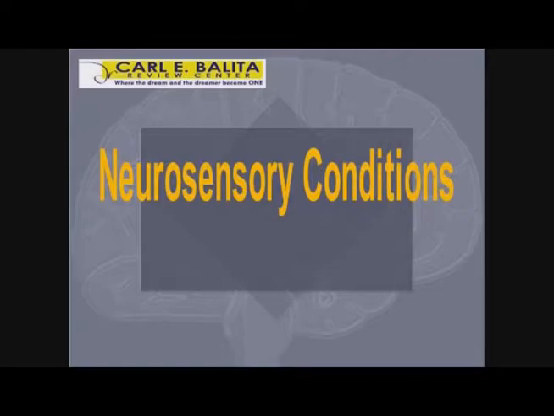Before we proceed, I'd like to review some of the most important concepts when we talk about the nervous system. The nervous system is divided into two major divisions: the central nervous system and the peripheral nervous system. Under the central nervous system, we have the brain and the spinal cord, and I'll be focusing our attention on the brain.